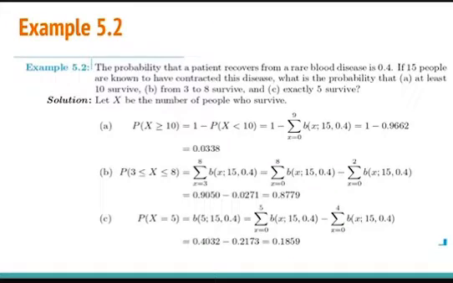Okay, let's go to the example now. The probability that a patient recovers. Let me tell you this. Why is this binomial? Because a patient may recover or not. Binomial is a distribution that is characterized by dichotomous outcome.